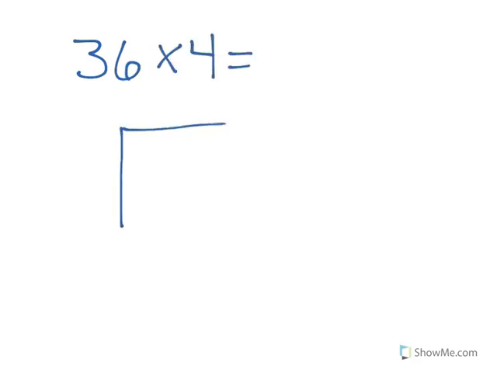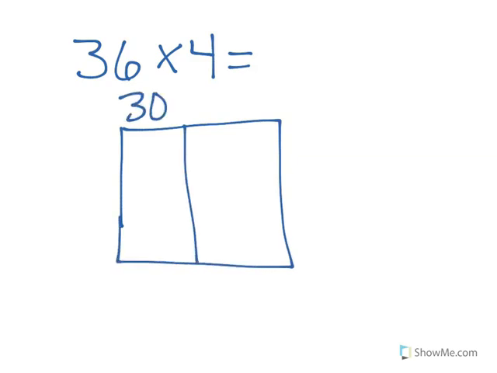I also know that if I have four numbers that are the same, that's basically saying 36 times 4. So I'm going to do an area model and show you that I can get the same number. We've got 30 plus 6 and 4.